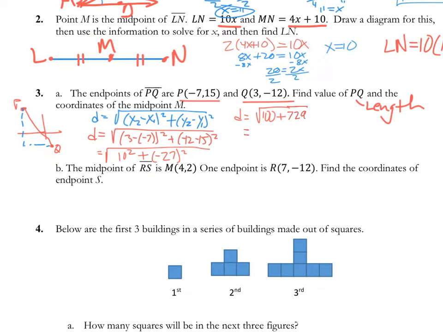So this is the square root of 829. All right. I don't think that's a perfect square. If we plug it in, it's about 28.79. All right, so there's the length of the line segment.